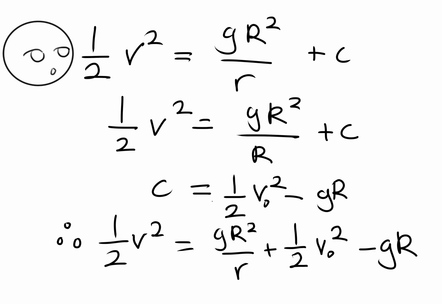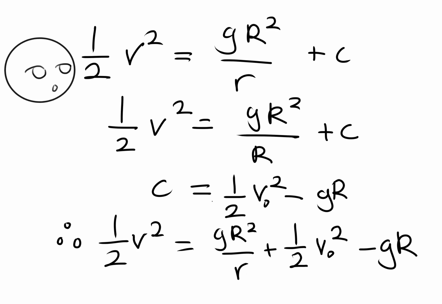Alright then, let us simplify the function. We will get 1 over 2 V squared equals g uppercase R squared over lowercase r plus C. That will be our first equation.